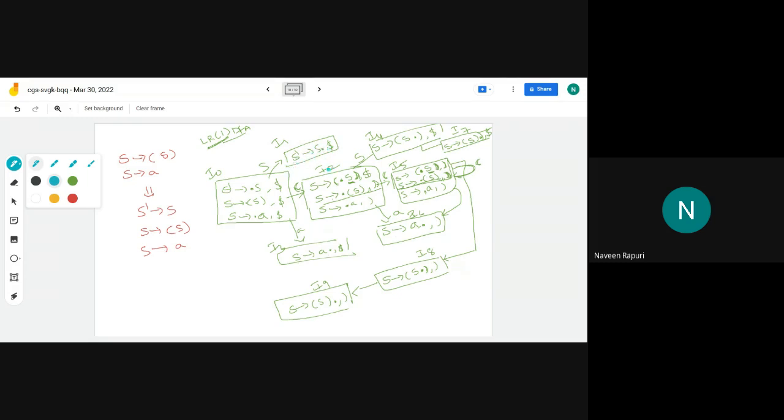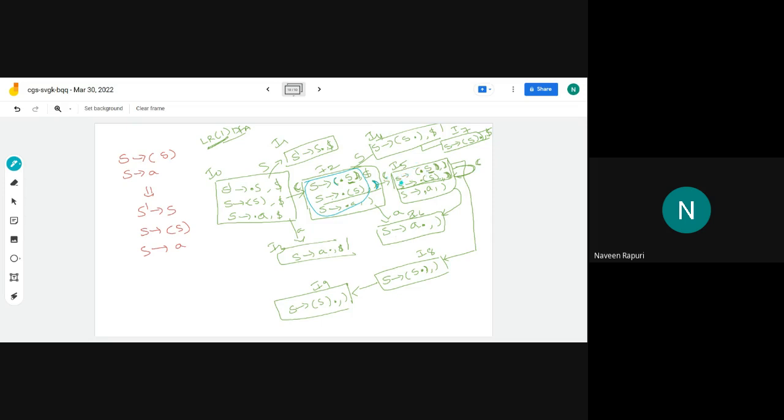So coming to I2, S derives open parenthesis dot S closed parenthesis dollar, and S derives dot open parenthesis S comma dollar comma closed parenthesis here, comma closed parenthesis here, and S derives dot A comma closed parenthesis. Sir, look ahead symbols are not mandatorily equal, sir. We need to check the LR0 part is matching with any items LR0 part.